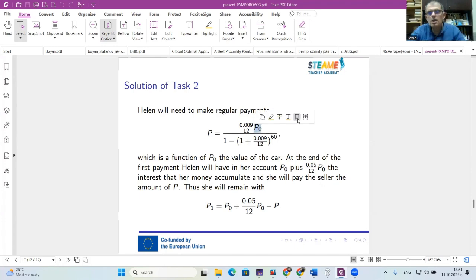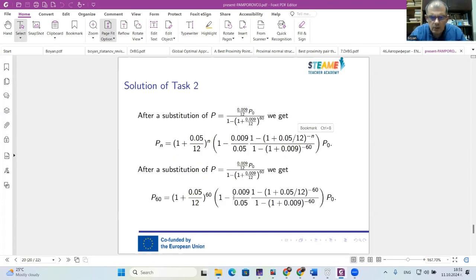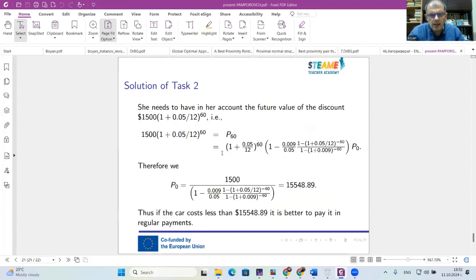It is the unknown value of the car, and making several calculations, we finally end up with a formula which says the discount divided by a function where we have the interest rate of the dealer, the interest rate that the buyer can accumulate if he has this money in his account and develop his business.